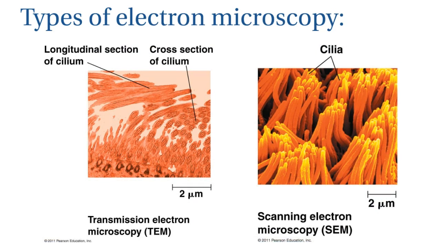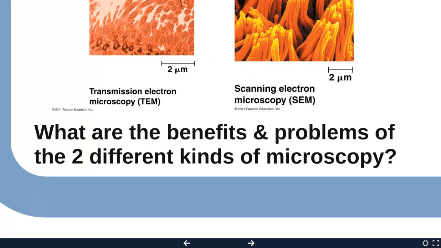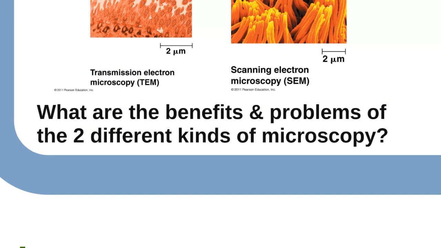There's also electron microscopy. Electron microscopy involves either transmission electrons or scanning electrons. Very expensive microscopes. You'll use them in research, but they can get much more detailed. So benefits and problems of the 2 different types. Well, the light microscope's cheaper, easier to access. Resolution's not as high.